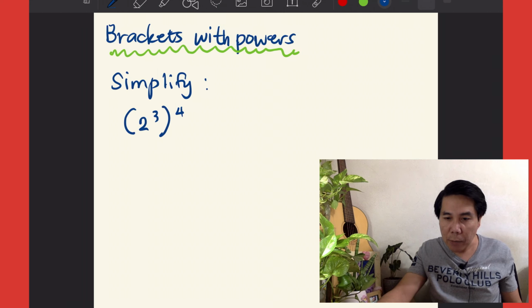So the power of 4 means that we want to have 2 raised to the power of 3 multiplied by itself 4 times.